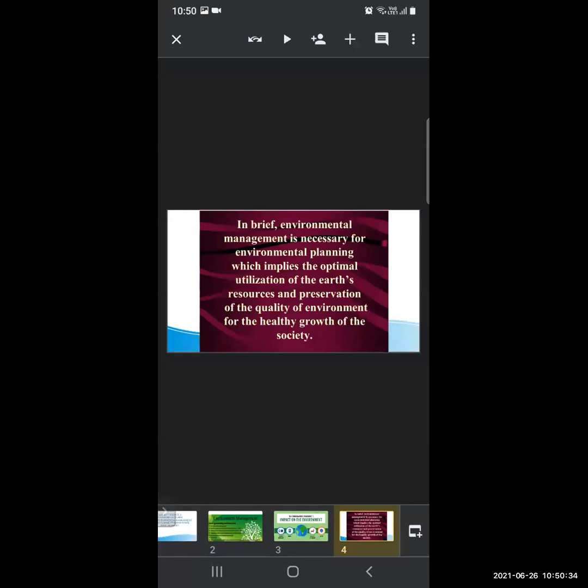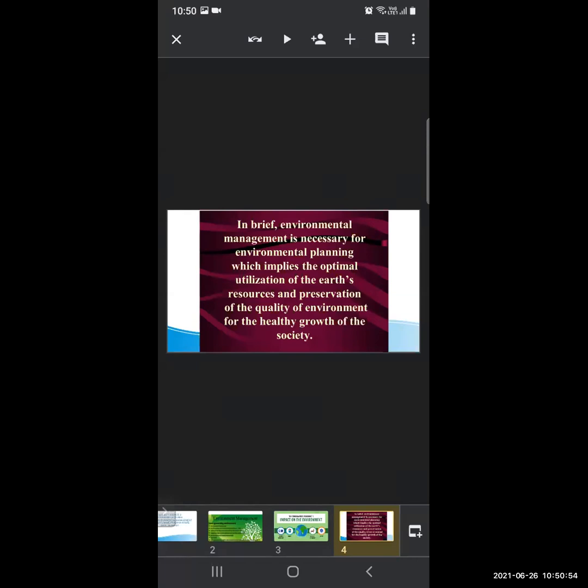These are the natural resources, and preservation of the quality of environment for the healthy growth of the society. So this is in brief why environmental management is necessary.